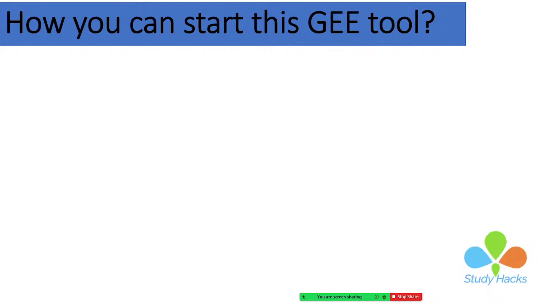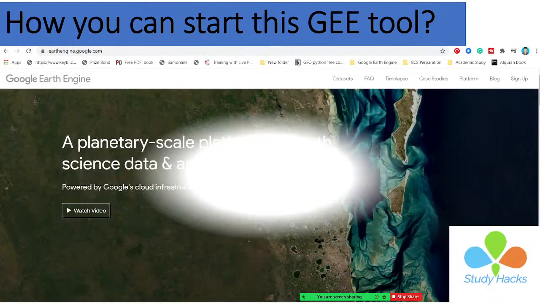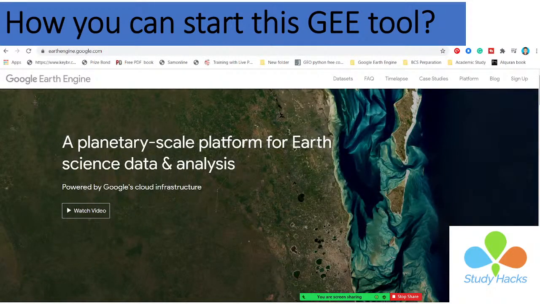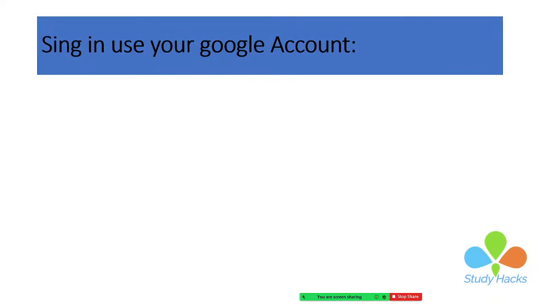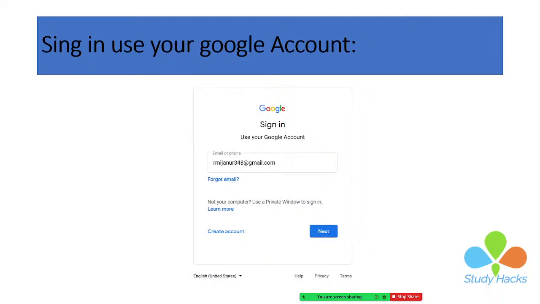First of all, you simply go to this link, earthengine.google.com. Then simply click on the sign up button. After this you need to sign in using your own Google account. If your Google account is an institutional email, then it's better, because in this time the Google Earth Engine authority has some restrictions or steps, so it will be better when you make the account using an institutional email.